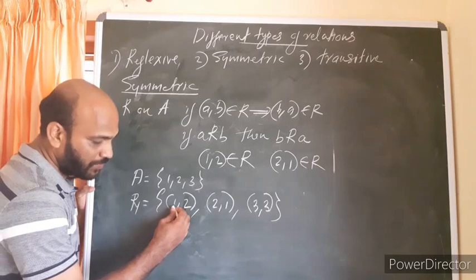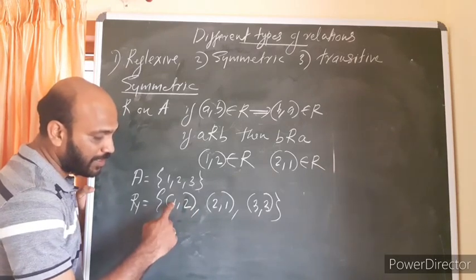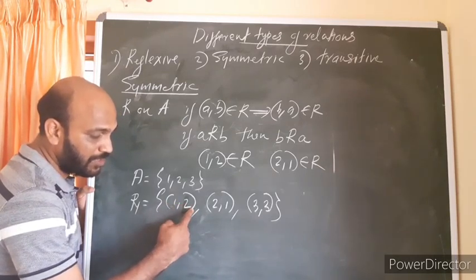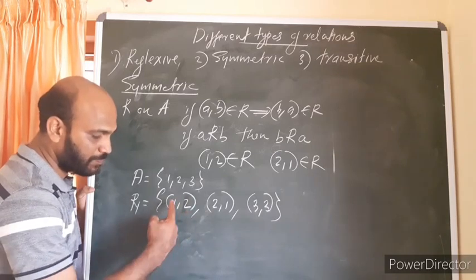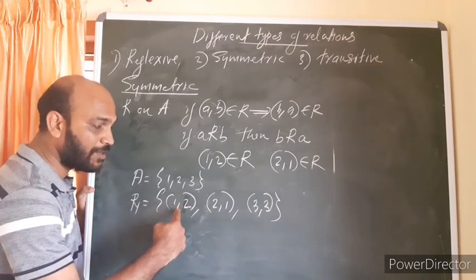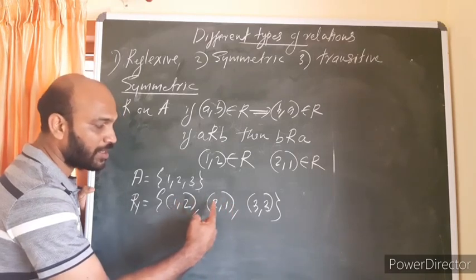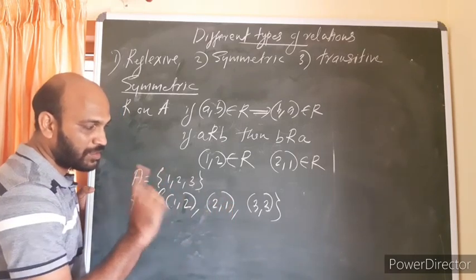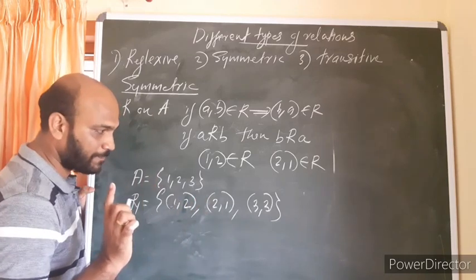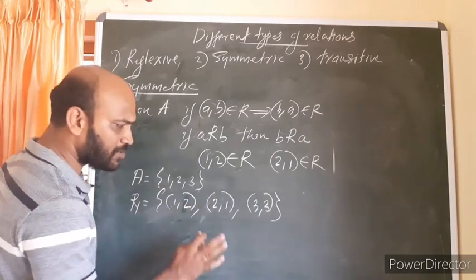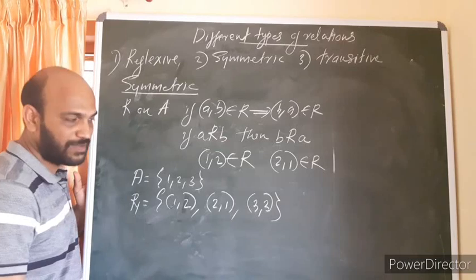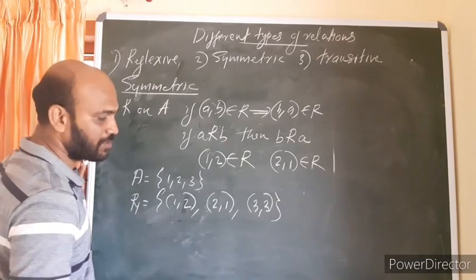Take the first element of R1, that is (1,2). You can take (a, b) as (1,2). If (a, b) is there, (b, a) should be there. So (2,1) is here. So (a, b) belongs to R and (b, a) belongs to R. So one example is okay. You have to take all elements and check whether it is okay for all elements.